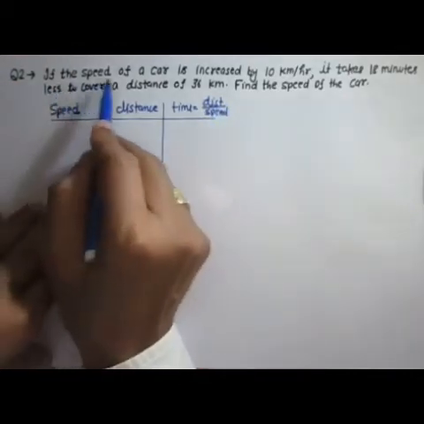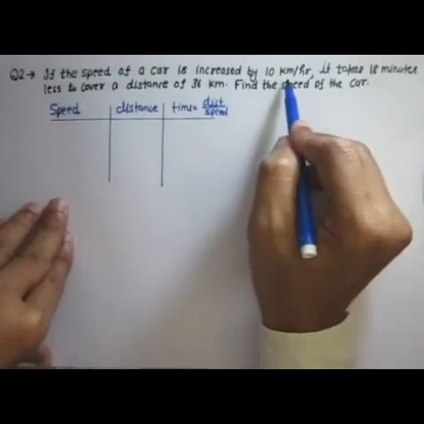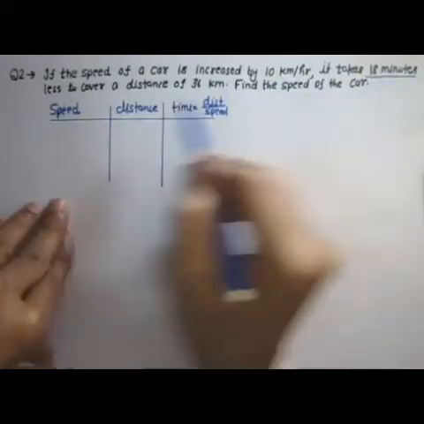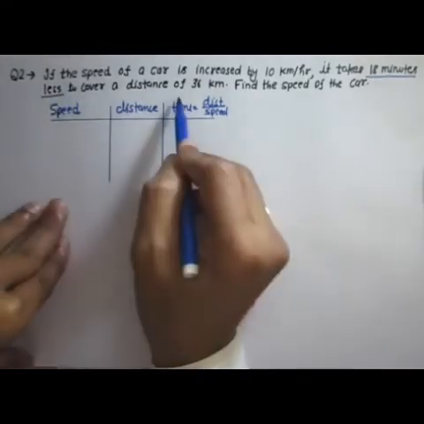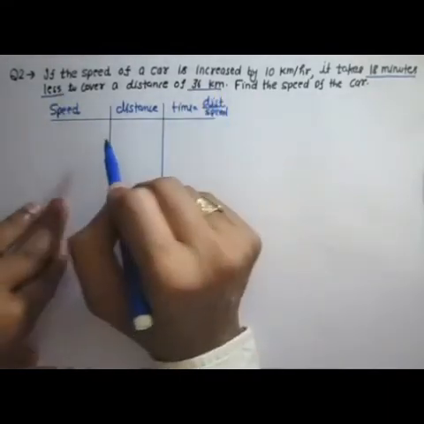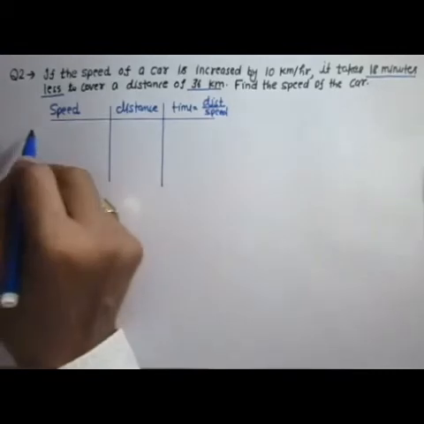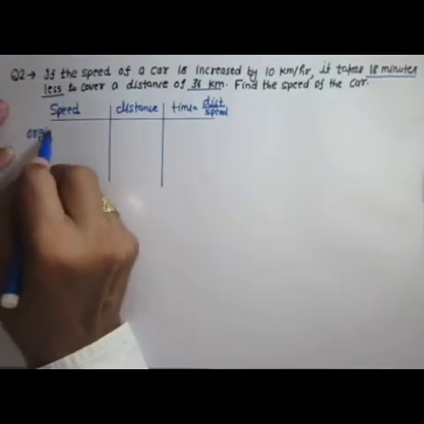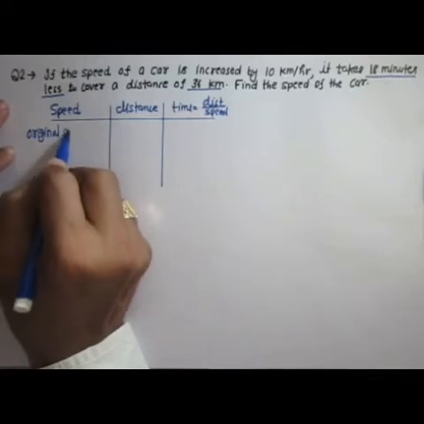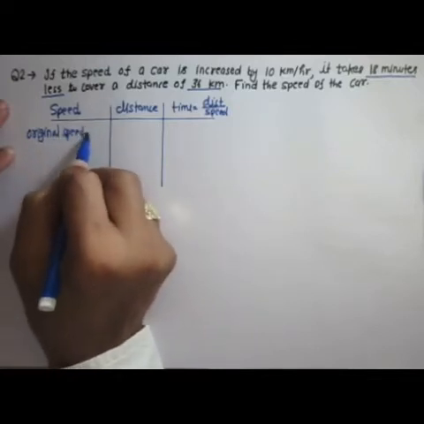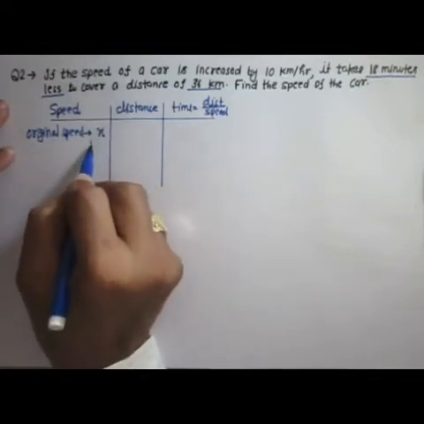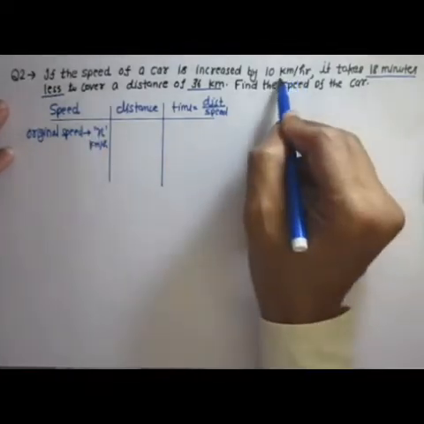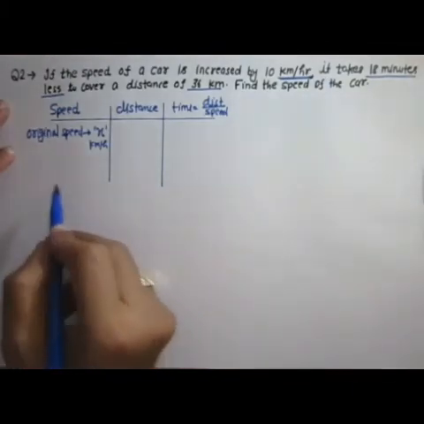Now if the speed of car is increased by 10 km per hour, it takes 18 minutes less to cover a distance of 36 km. Find the speed of the car. So let the original speed of the car be x, and the unit is kilometer per hour, because here the unit of speed is given in kilometer per hour.